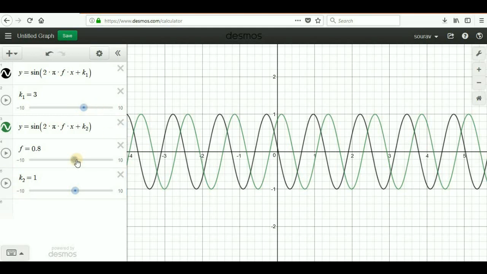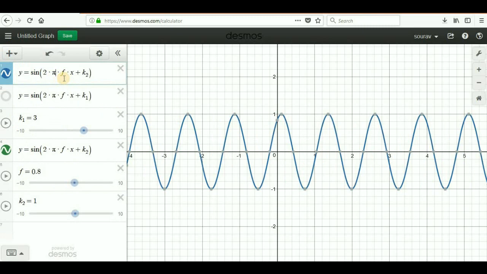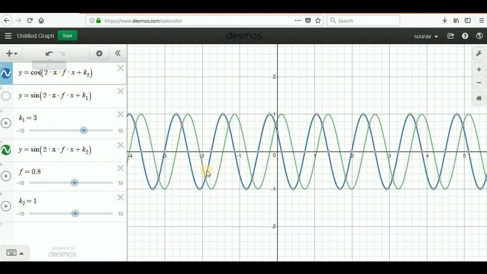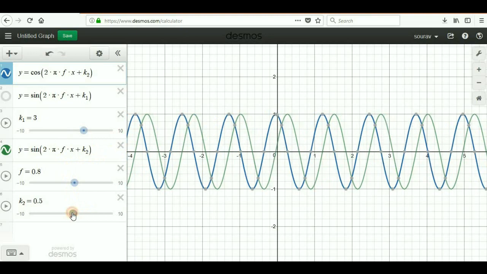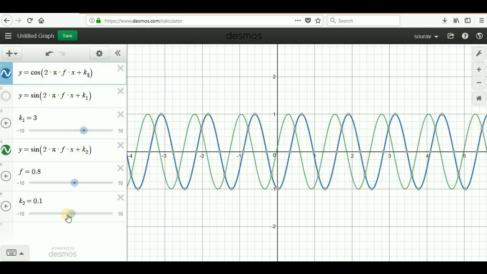Now if we're going to take another function, cos. The most evident thing from the cos graph is that it is 90 degrees shifted from sine, right? As we know, we always say the phase difference between cos and sine is 90 degrees.